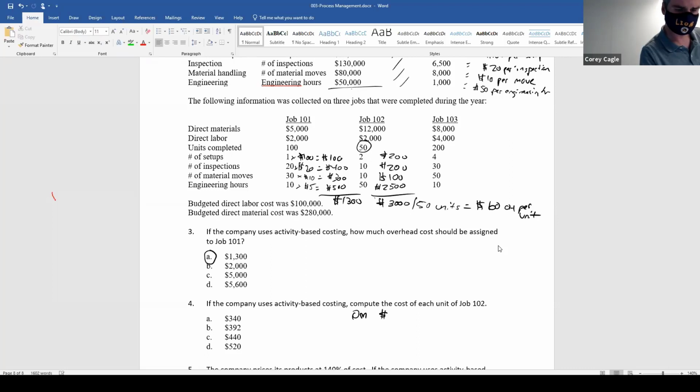Materials. Should have added these all up and then done this. Direct labor. And then overhead.